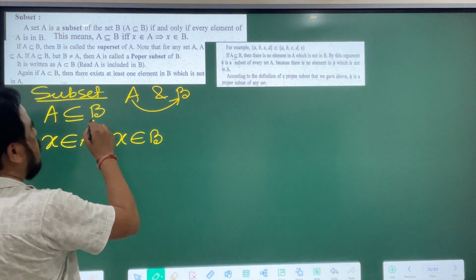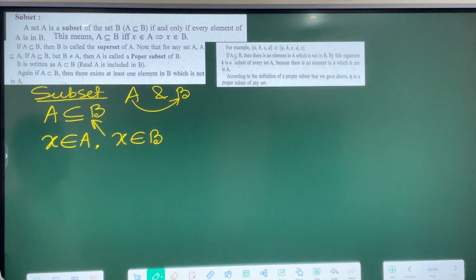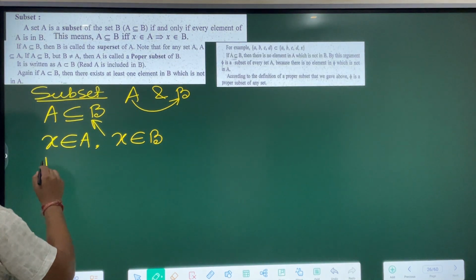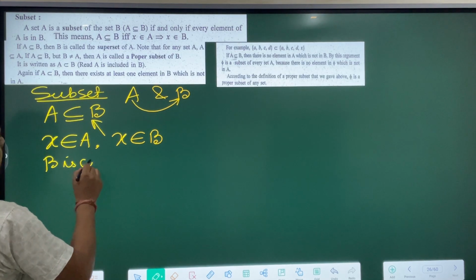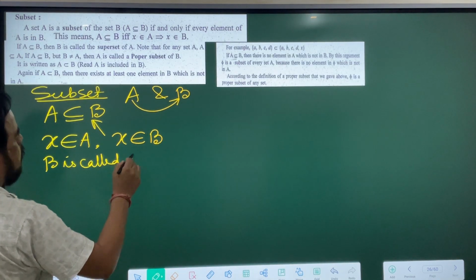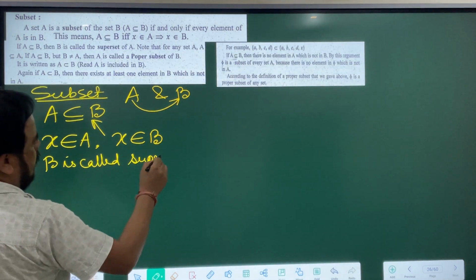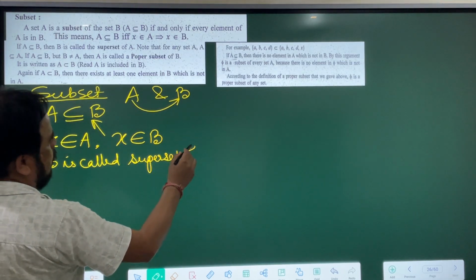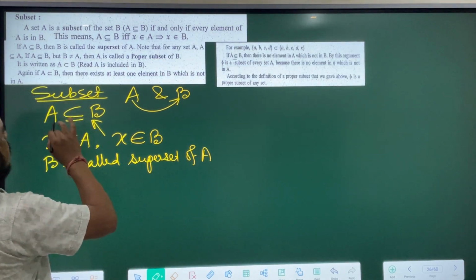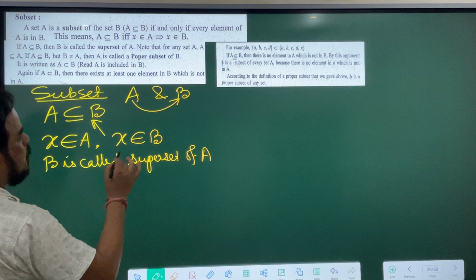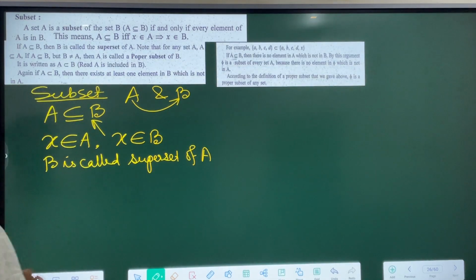Then only we can say A is a subset of B. Set, subset. And oppositely, B is called superset. Superset of A. Oppositely, A is a subset of B, B is a superset of A. The meaning is the same.